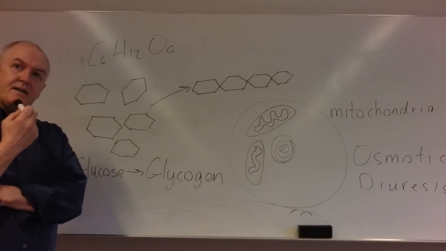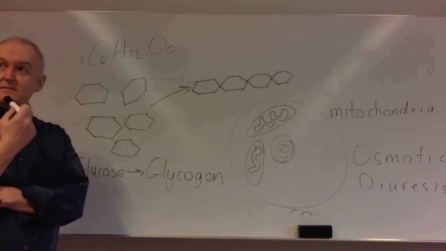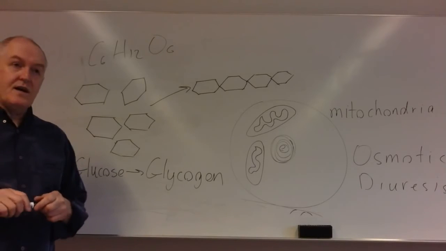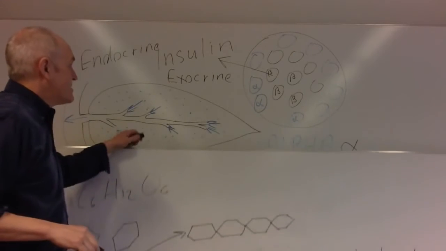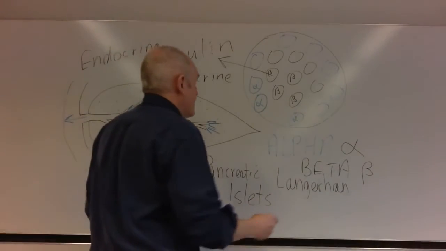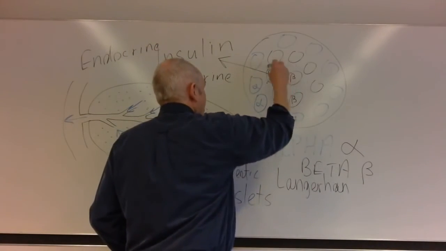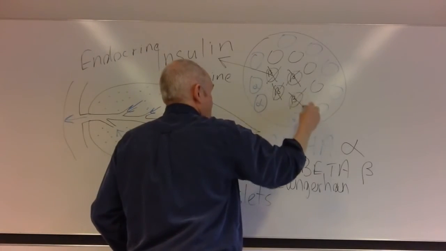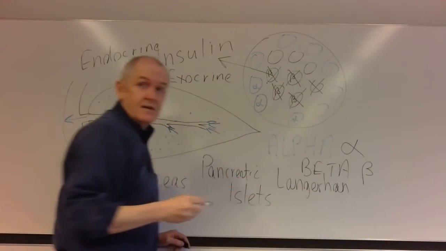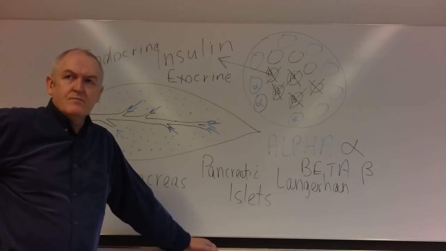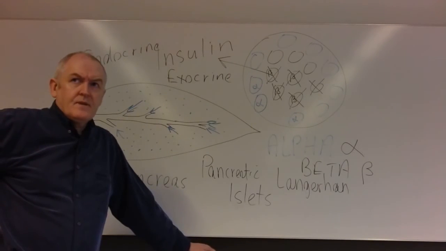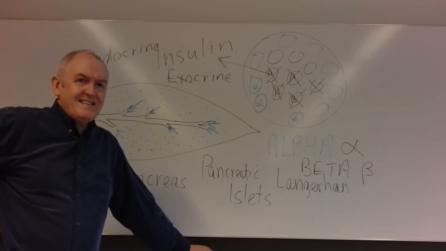But can you see already that if someone has type 1 diabetes, what actually happens is the beta cells are destroyed. In type 1 diabetes, the beta cells are destroyed by the body's own immune system. It's a terrible mistake. It's called an autoimmune disease.